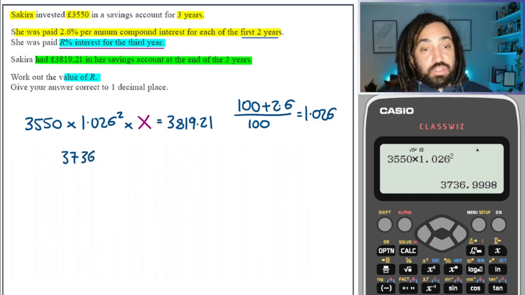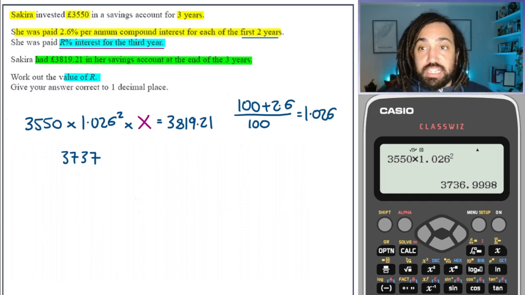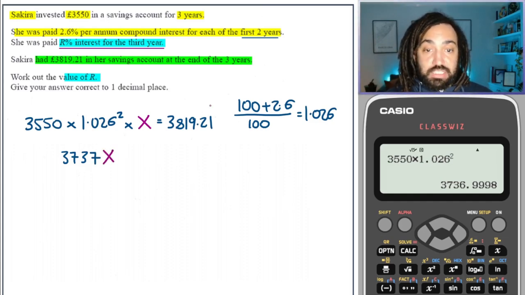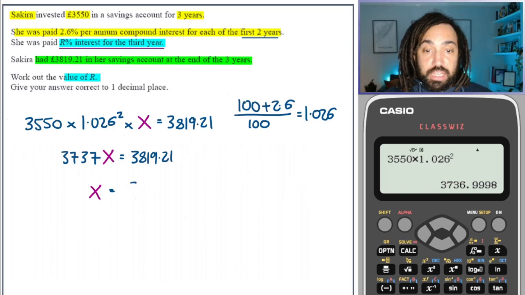I mean, that's so close, we might as well just call it 3737. And that's then multiplied by x, and then this equals 3819.21. So to find x, I'm going to have to divide through by 3737, like so.